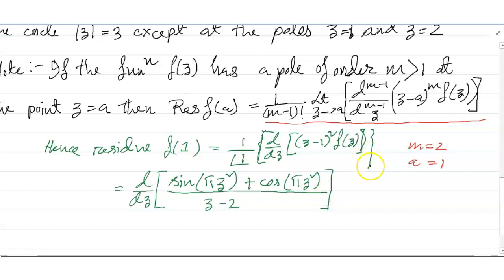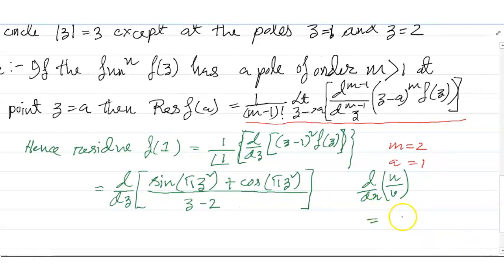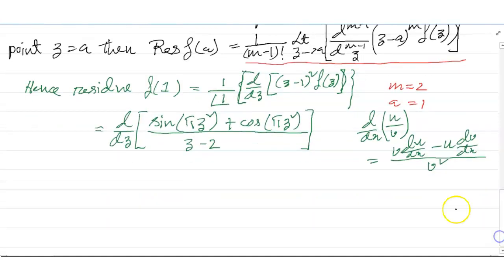So friends, what is the formula now? Next I apply the formula d/dx of (u/v), which is easy: (v du/dx - u dv/dx) divided by v^2. I apply this formula, friends.